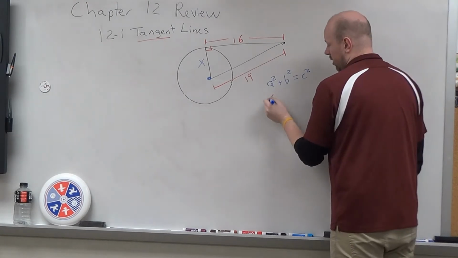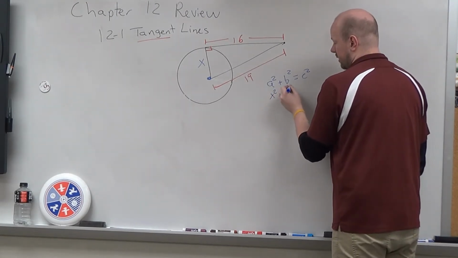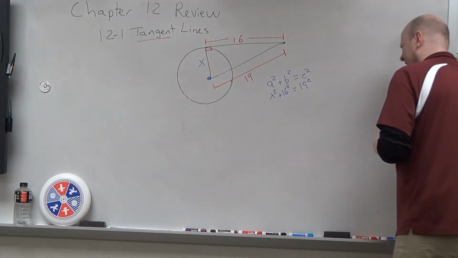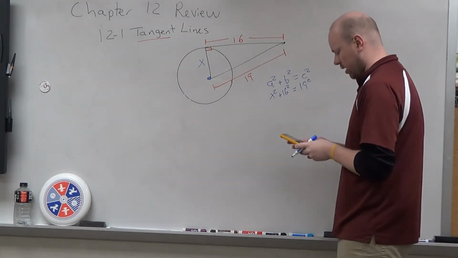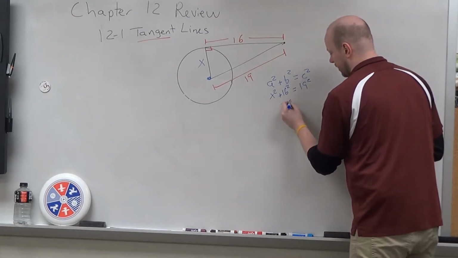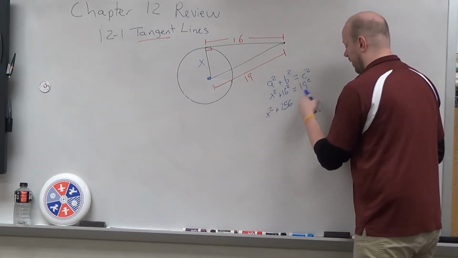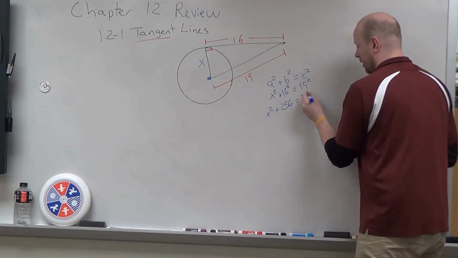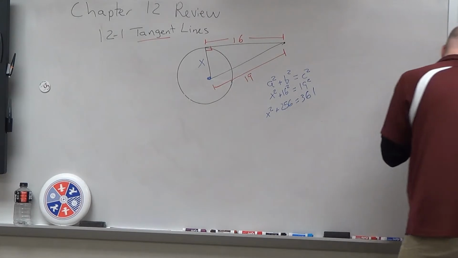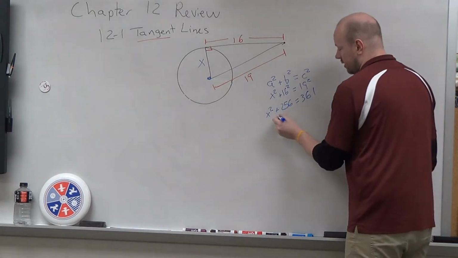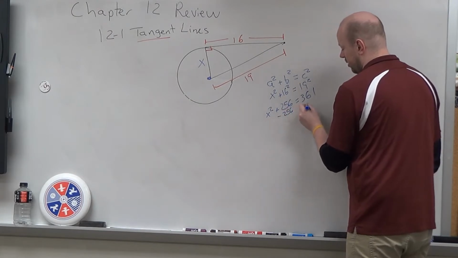So I get x squared plus 16 squared equals 19 squared. Well, 16 squared, I believe, is 256, but let's double check that. Yep, 256. And then 19 squared, I don't know off the top of my head, which is 361. Now all I have to do is subtract 256 from each side.